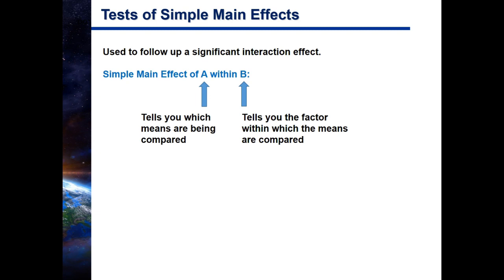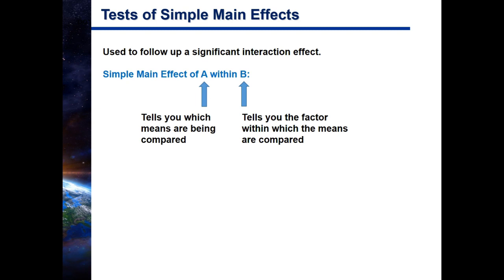If you have an F value testing a main effect, and that F value is significant, and there are 3 or more means to be compared, then you have to run a post hoc test. If there's different people in each group, then it's Tukey, Scheffe, LSD, right?